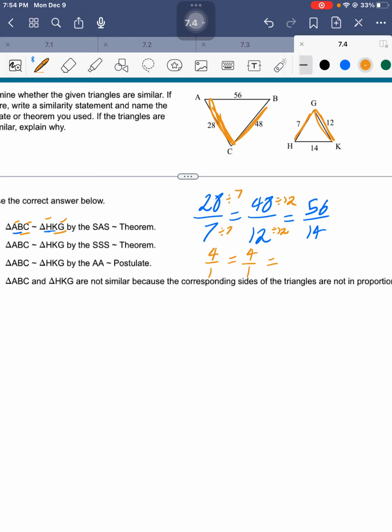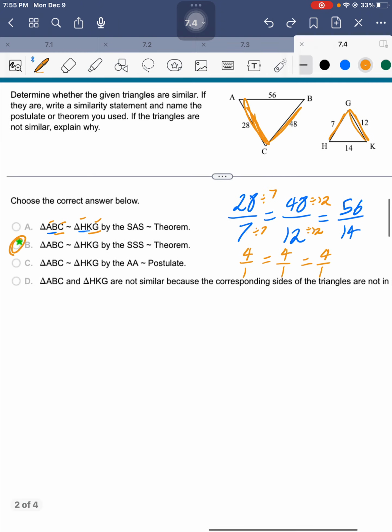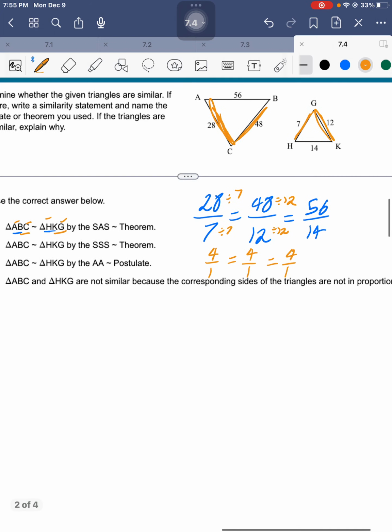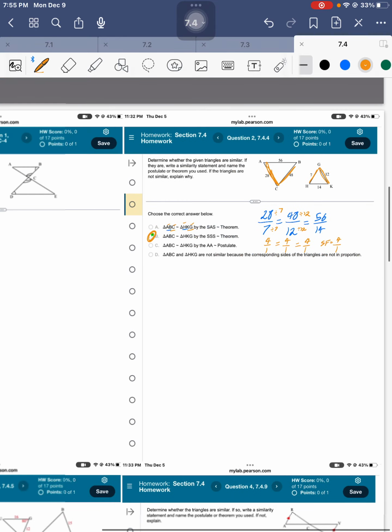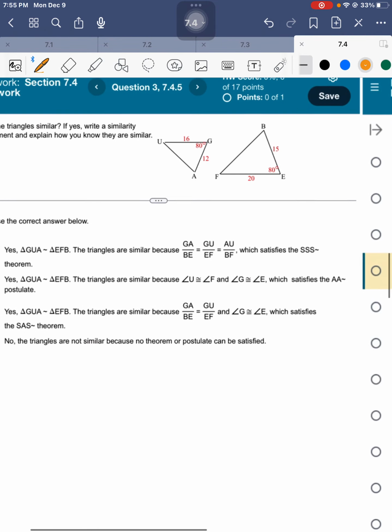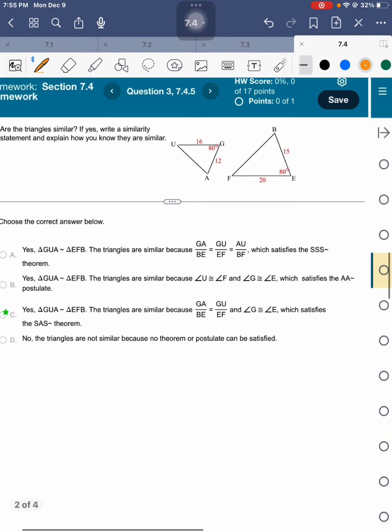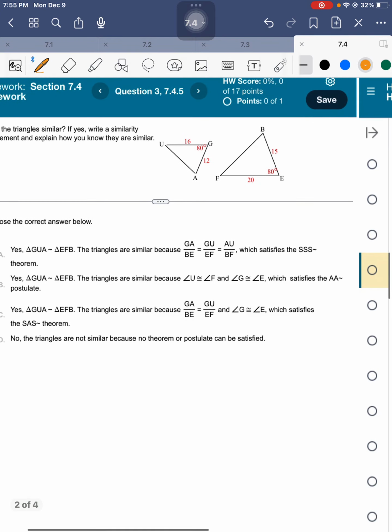Let's try on my calculator. 56 divided by 14, which is 4. So 4/1. So not only are these two triangles similar by the SSS similarity theorem, so B, cool. We also know that the scale factor would be 4/1, okay?